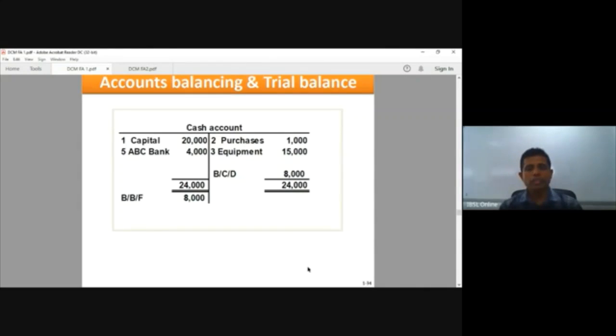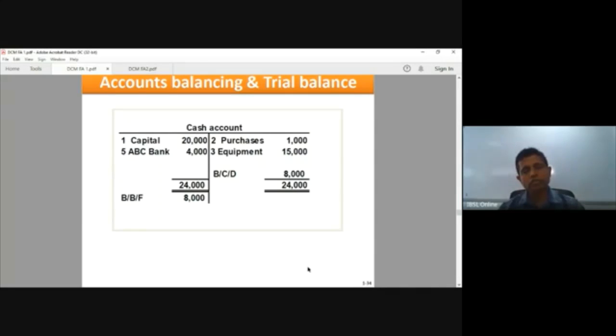Here, in the cash account, the balance brought forward is from the debit side. Therefore, the balance is debit 8,000. Likewise, you can balance every account that you have encountered using the same methodology.